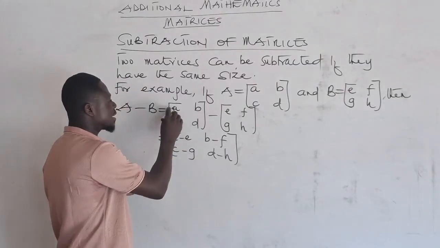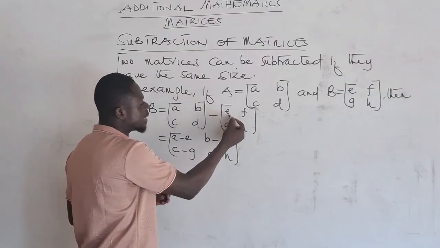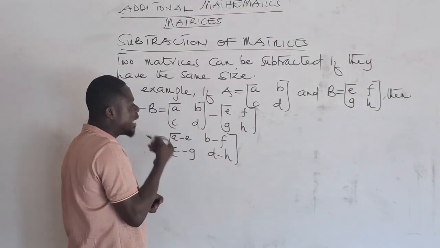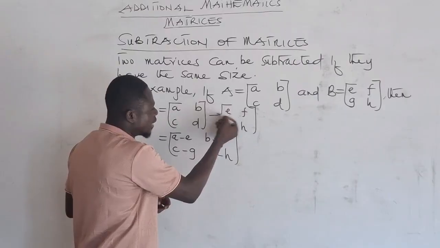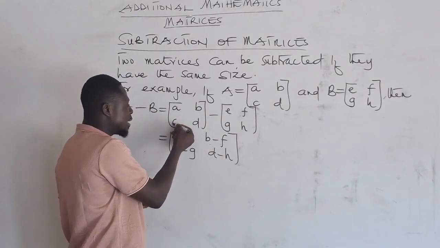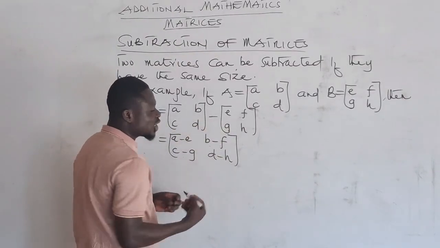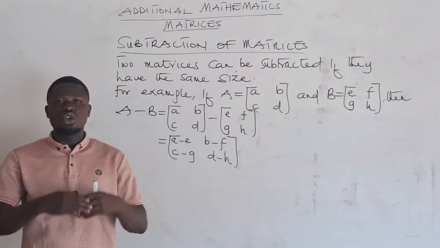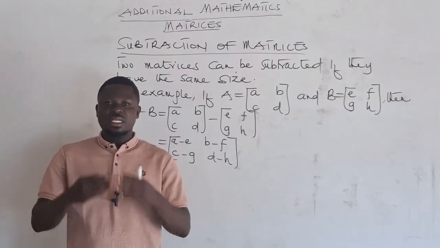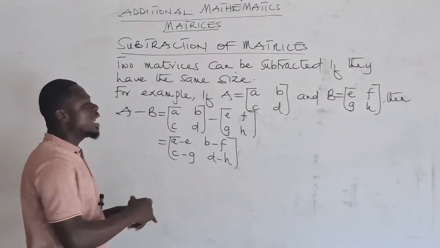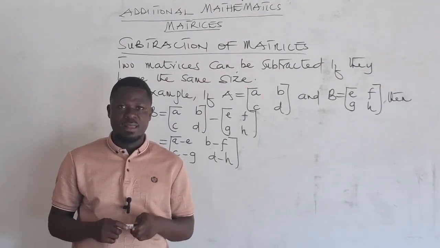So when you pick this, its corresponding element is E. So we have A minus E. We have B minus F here. We have C minus G. And then we have D minus H. So by this, you obtain the result, that is A minus B.